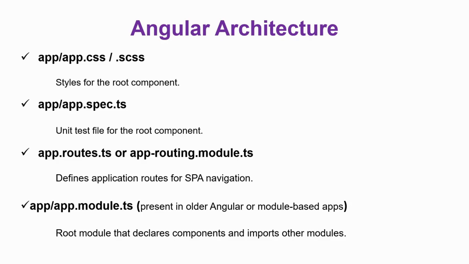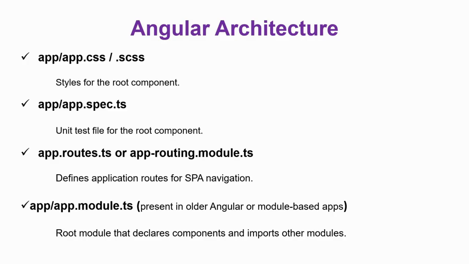It also depends upon the application architecture, whether you want to create unique routing files for each module, or you want to create a single routes file. It depends upon your software architecture requirement.